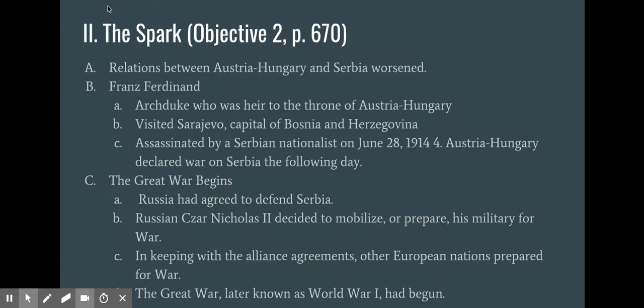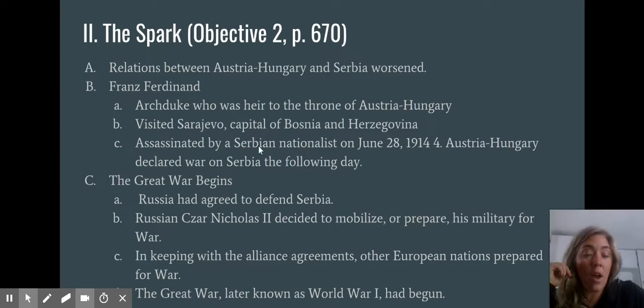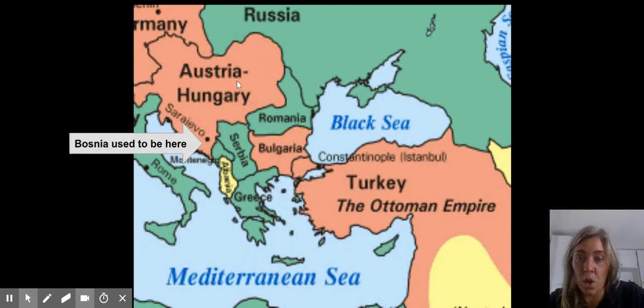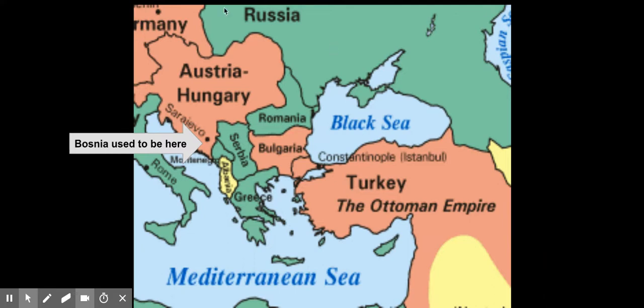Germany sends an ultimatum to Russia and orders Russia to stop mobilizing. So now we're kind of crossing over. So Russia sends an ultimatum to Austria-Hungary after Austria-Hungary sends an ultimatum to Serbia, and then Germany sends an ultimatum to Russia to back down. Are you still with me? This is complicated, like I said.